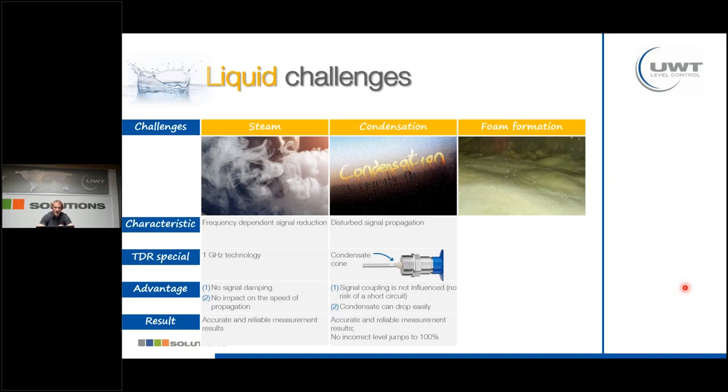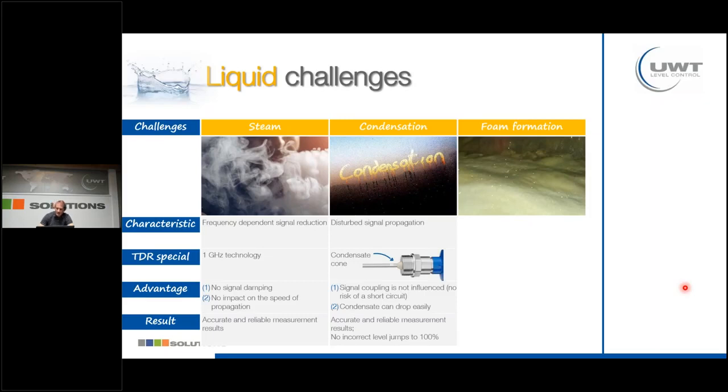If we have condensation here, the spread of the energy is influenced, so we do not get the signal sent out. With this condensate cone, this problem is avoided, and we do not get any incorrect level jumps to 100%. So it is a good feature to make the TDR technology also work with condensation.